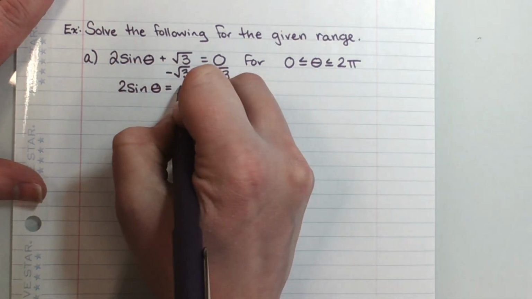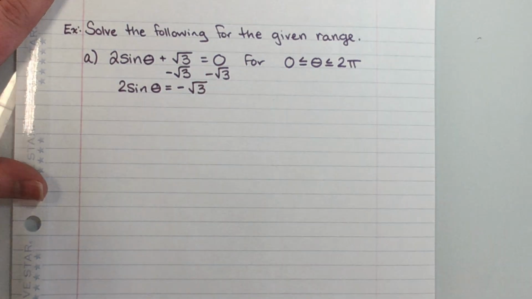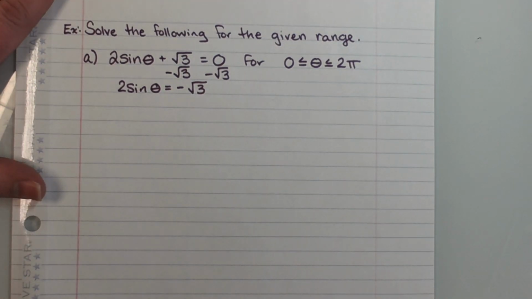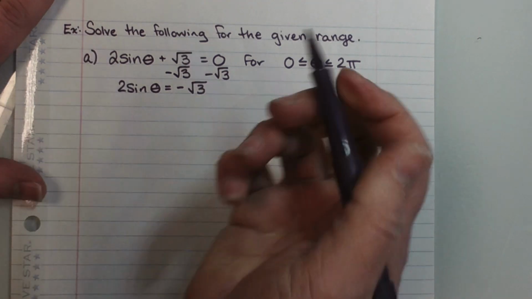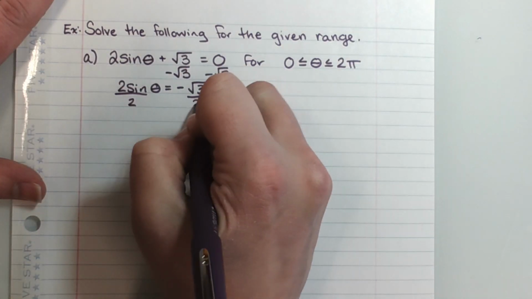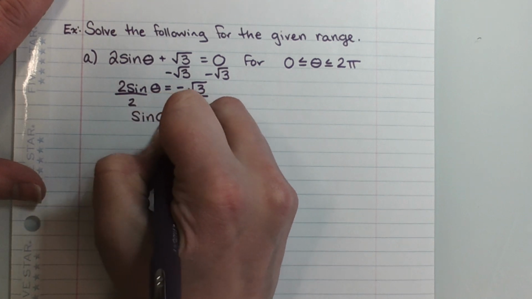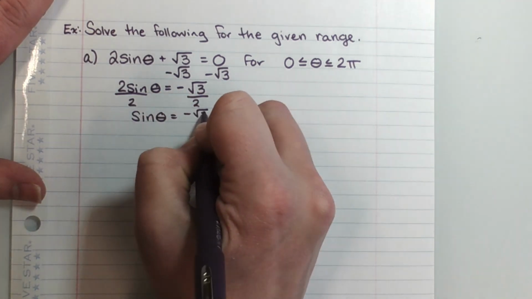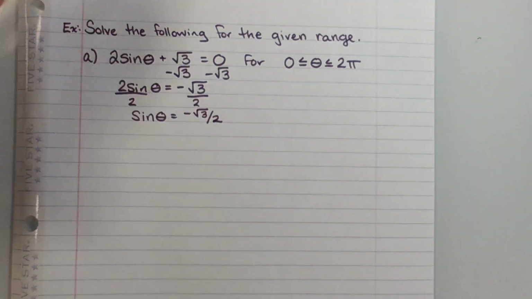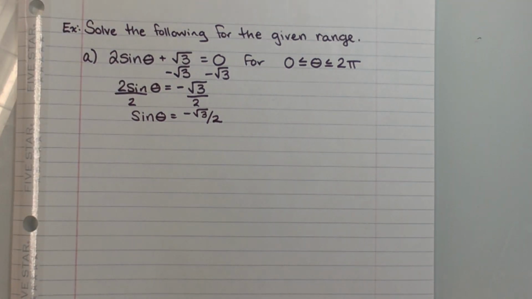Two sine of theta is equal to a negative square root of 3. Is sine alone? No. How do I get rid of the 2? Divide by 2. Sine of theta is equal to a negative square root of 3 over 2.